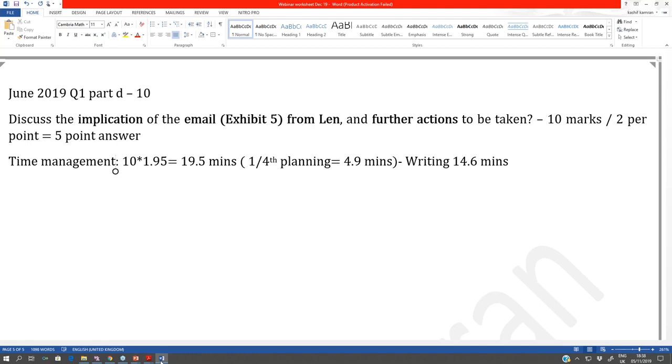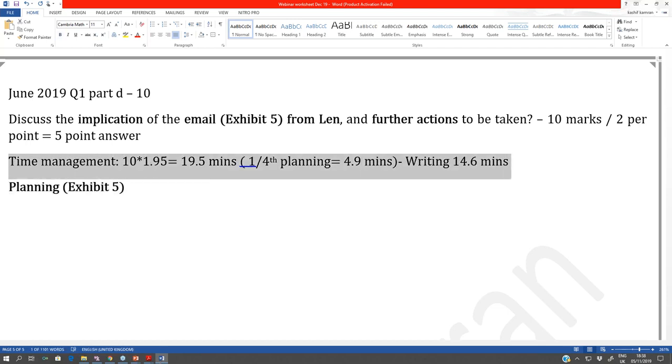So does everyone realize the importance of time management for every requirement and how much time you have for reading and planning? So let's go down, reading exhibit 5 and see what is exactly in exhibit 5. Let's do the planning. And for the planning, we need to read exhibit 5 to see what the email from Len is. And after the planning, we'll do the answer.